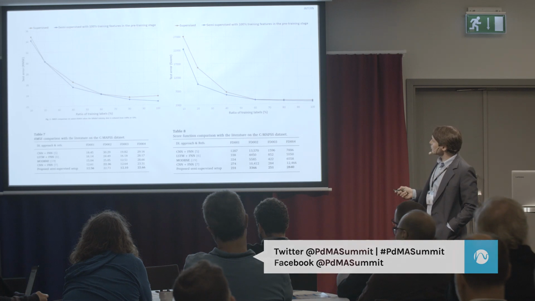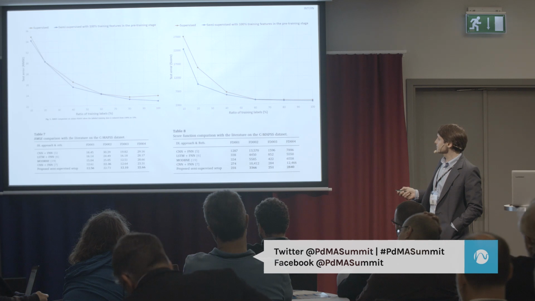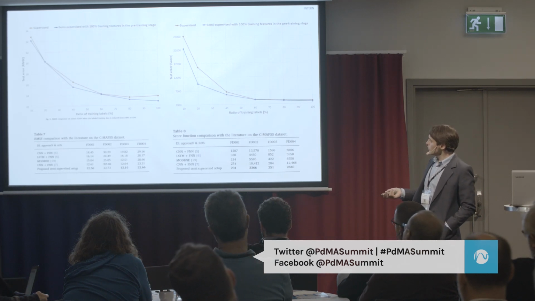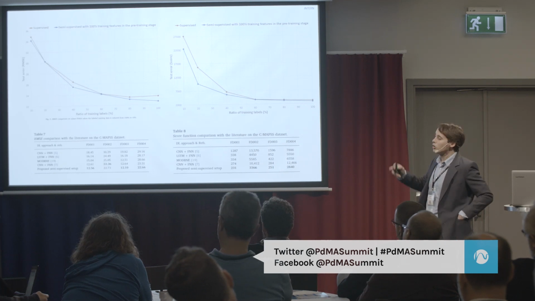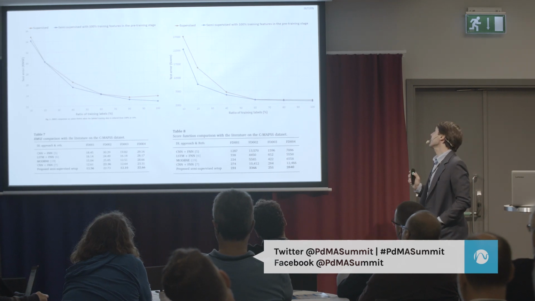So what you see here is that even if you remove some labels, the semi-supervised architecture can give a lower error compared to the purely supervised architecture.